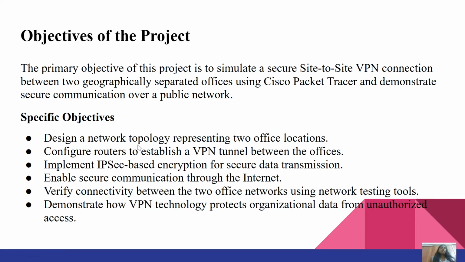Specific objectives: design a network topology representing two office locations, configure routers to establish a VPN tunnel between the offices, implement IPsec based encryption for secure data transmission, enable secure communication through the internet, verify connectivity between the two offices' network using network testing tools, demonstrate how VPN technologies protect organizational data from unauthorized access.